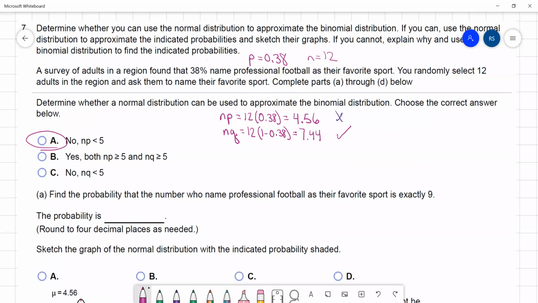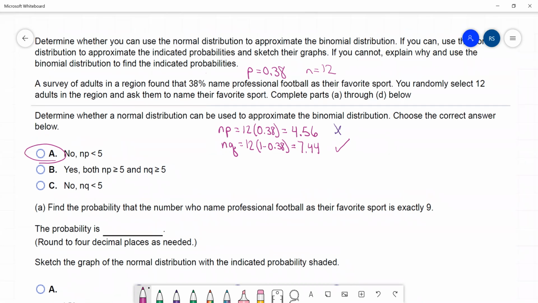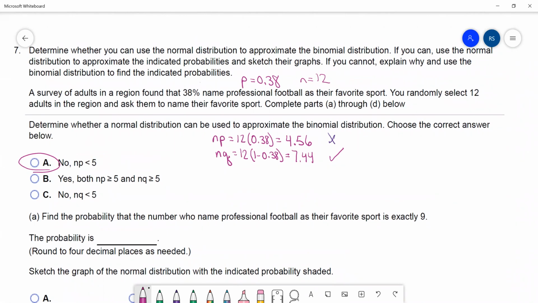So as far as a normal approximation goes, if that's all it asks us for, we would have to stop. We can't do anything normal with this. However, it says up here, if you cannot, explain why, and use the old-fashioned binomial distribution. The one y'all didn't get. So we're doing it again.